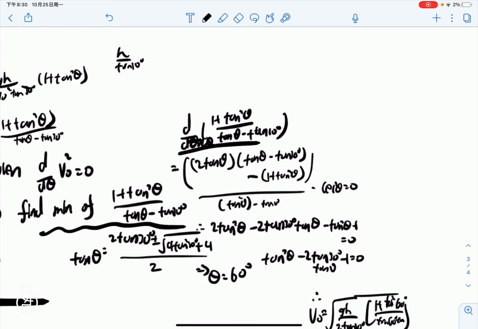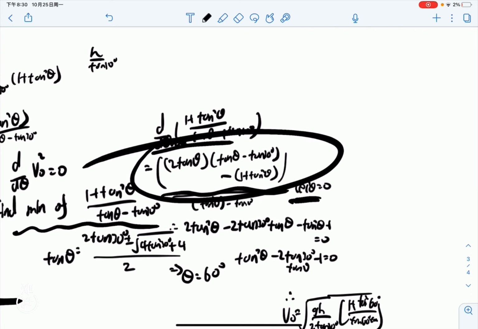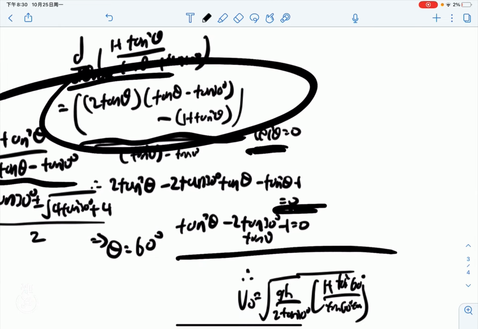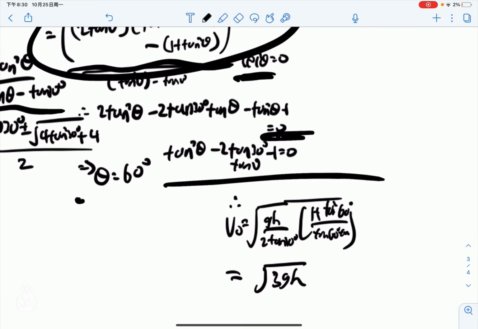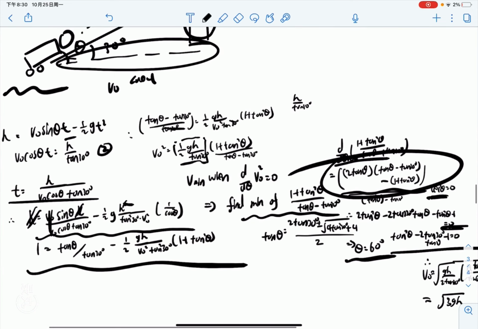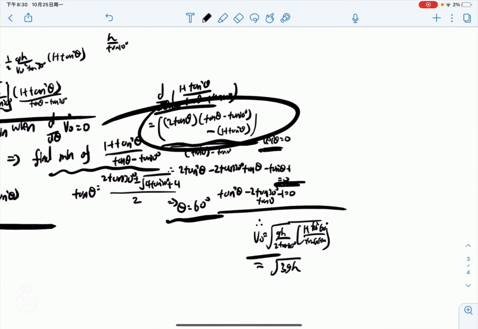And we have these terms over here, and there's secant squared. So if we set this stuff to 0, we can get the equation of this. Basically, if you solve, you can get theta to be 60 degrees. And if you plug into the equation over here, you can get v0 minimum is going to be square root of 3gh.